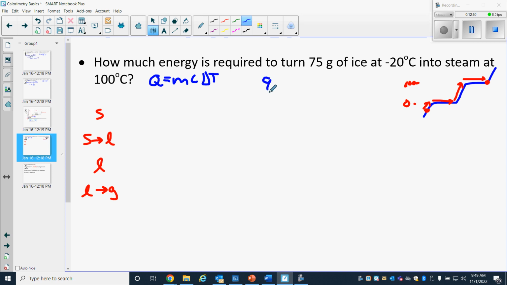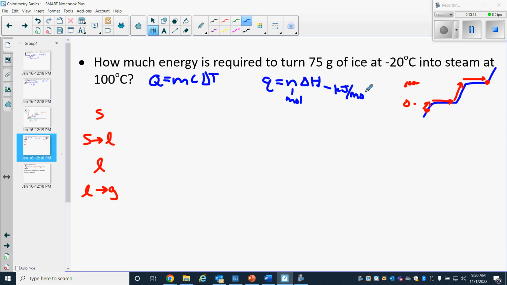This is going to be Q equals N delta H. So Q, yet again, is heat, so that's joules, or kilojoules. N is moles. So that's where I said we will have to change from grams into moles. And your delta H, a lot of times, is going to be given in kilojoules per mole.